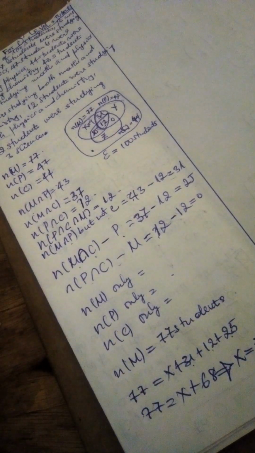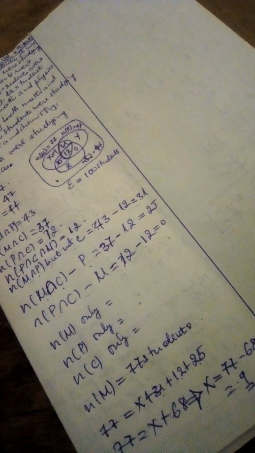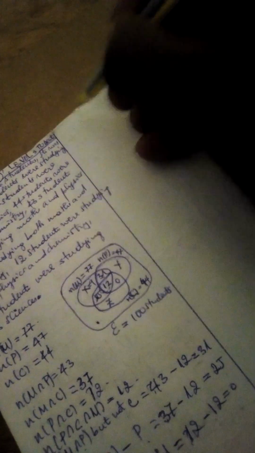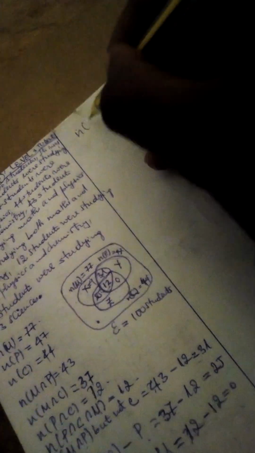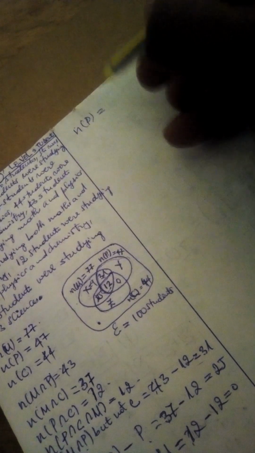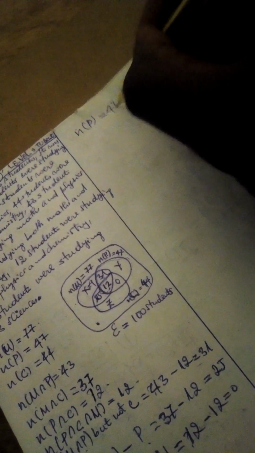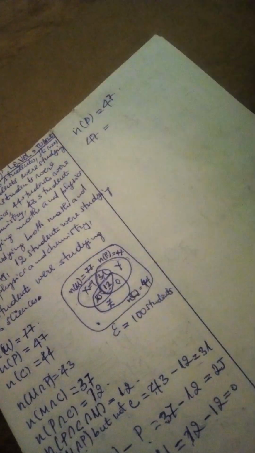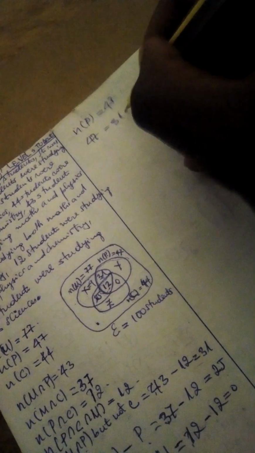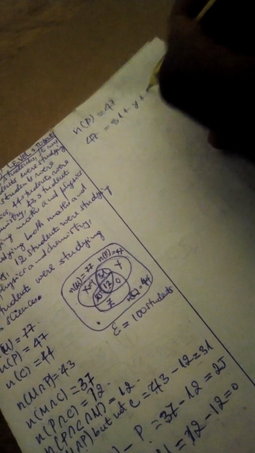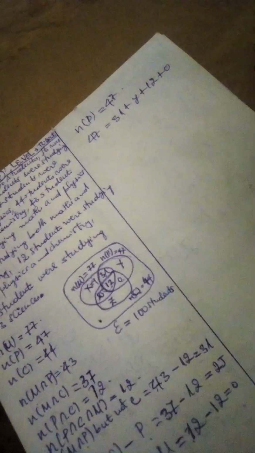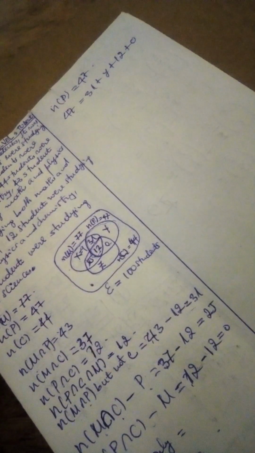Also, to calculate the number of students who will attend honor physics only, we know that the cardinal number of physics is equal to 47. So 47 will be equal to 31 plus y plus 12, then plus 0, because here we have 0 students. It means there is no student who will attend both chemistry and physics only.